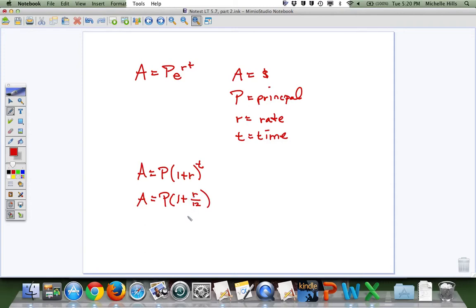They're going to pay 1/12 of that each time. And then this is the number of times it's compounded over the life of the loan: 12 times per year times the number of years. If it was compounding 365 days a year, then this would be a 365 and that would be a 365.